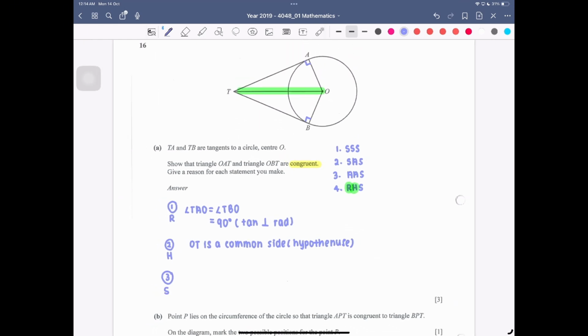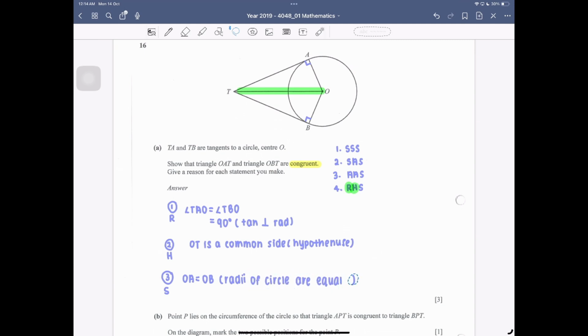The very first one, I will use OA. Do take note, if you use OA, make sure you use OB; it cannot be BO, it cannot be switched around. So we use OB, and this is because they are radii of the circle, which are equal. Radii is the plural form of radius, because we have 2 of them.